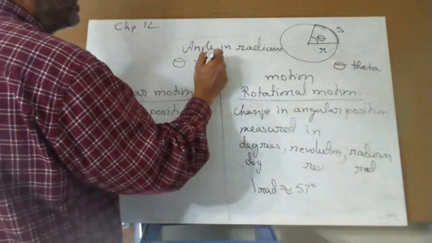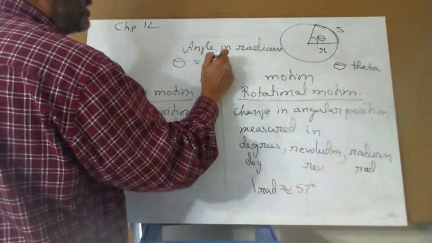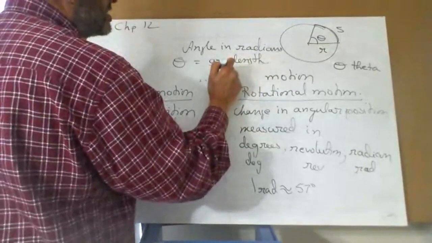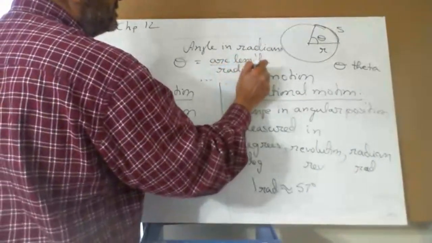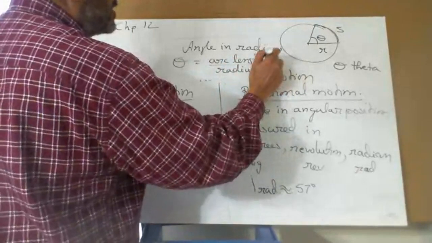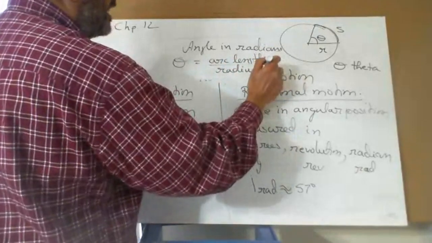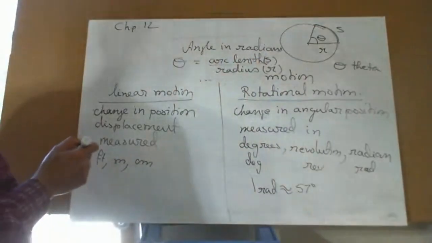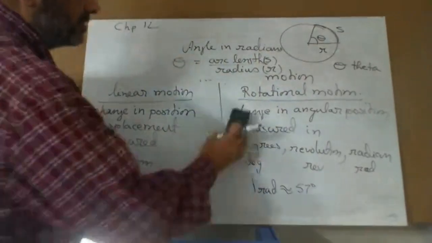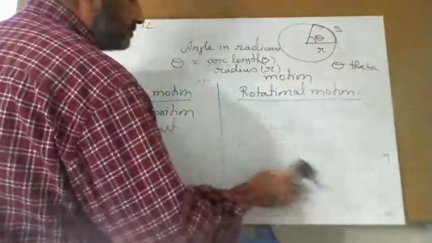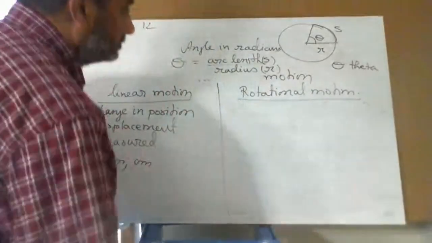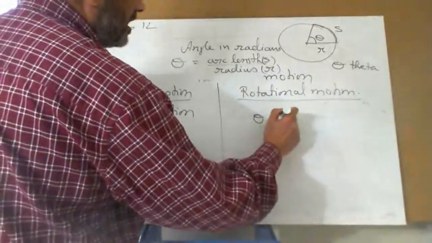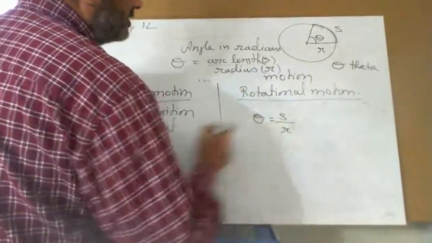So the angle in radians theta is equal to the arc length S divided by the radius R. So we can write rotational motion angle in radians is equal to S over R, right?